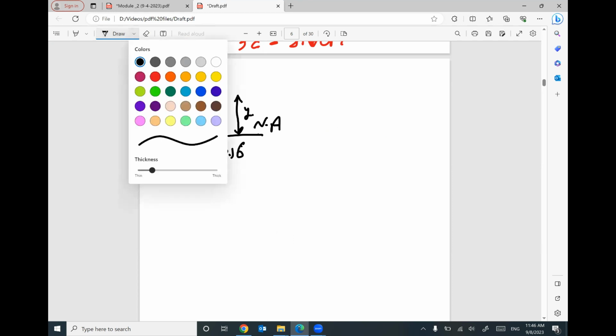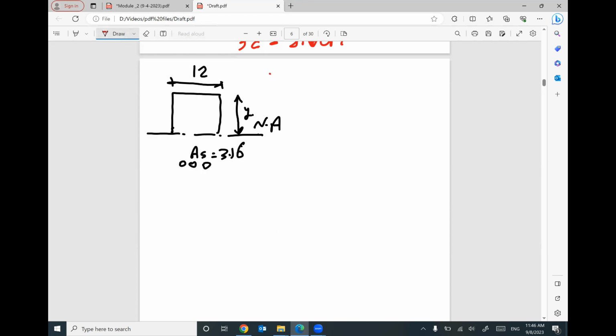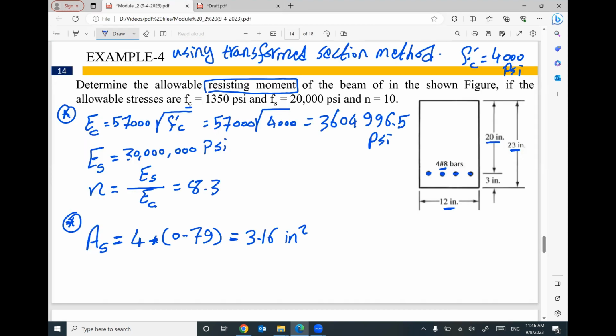But can you tell me what is the distance between the steel reinforcement and your neutral axis? Any help? I assumed my neutral axis here at distance y. Anybody can tell me what will be the distance between the steel reinforcement and your neutral axis?